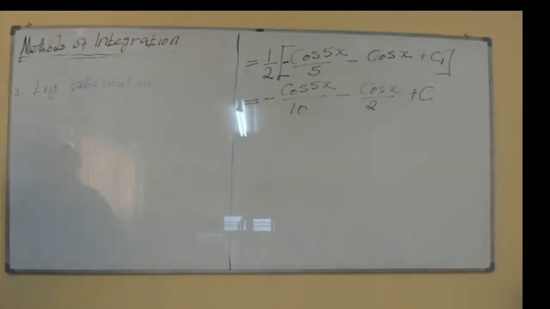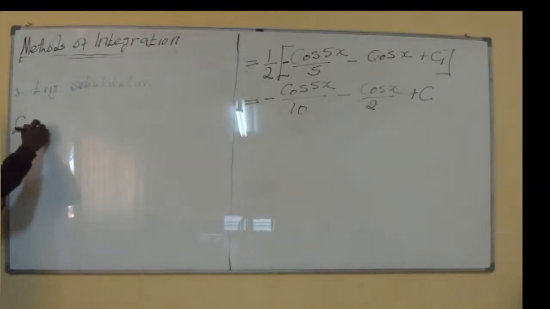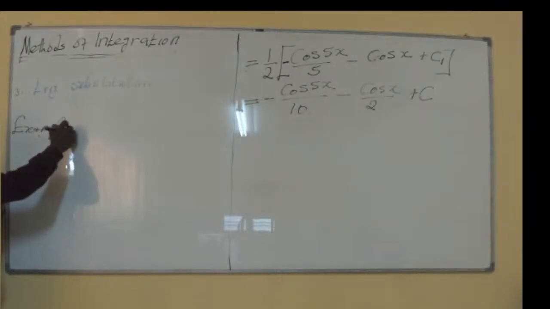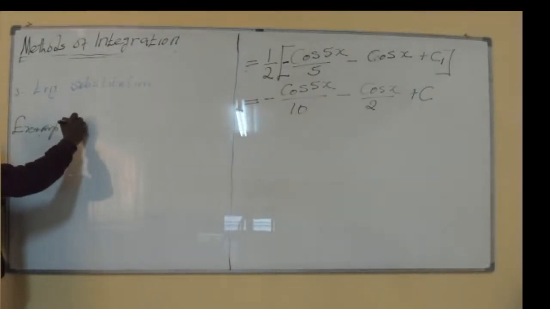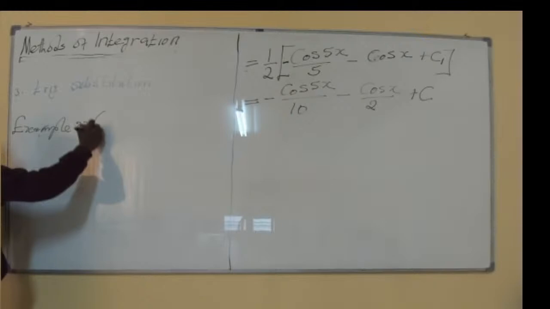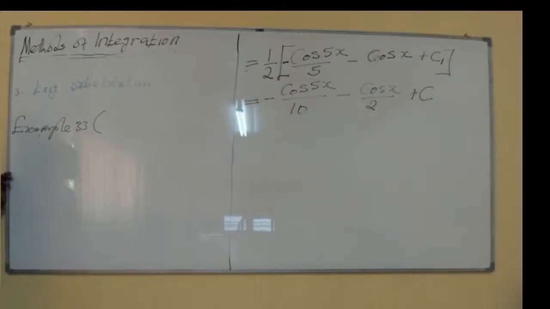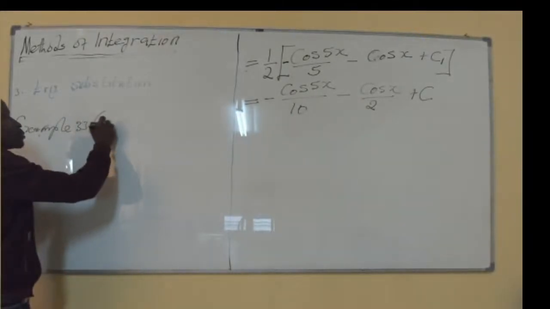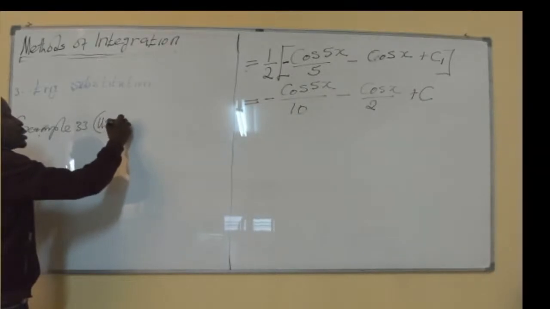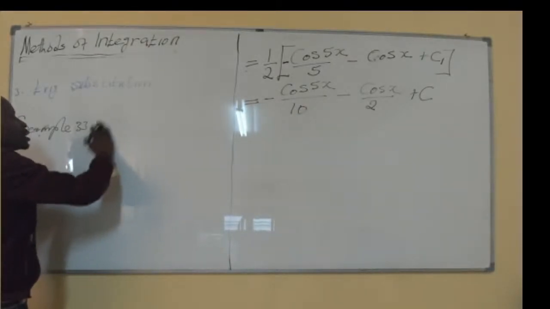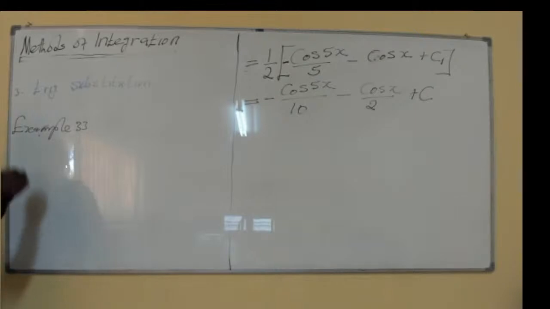Now, like I mentioned, the first example is a situation where, this is example number 33, where you substitute, you use what? Okay, let me just put it as a heading.